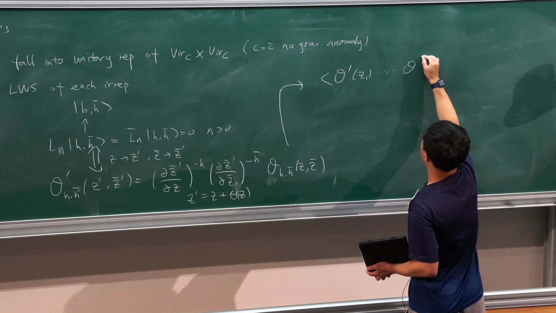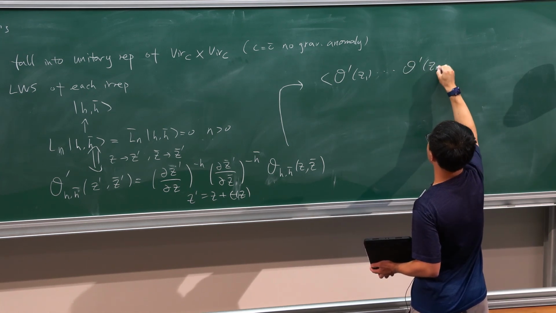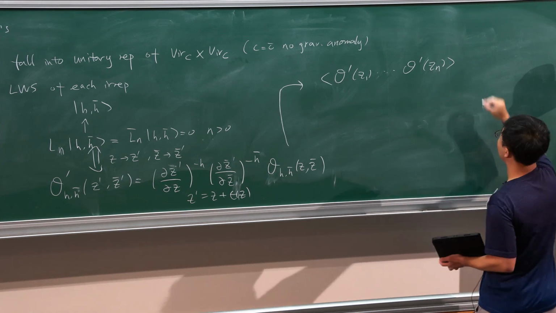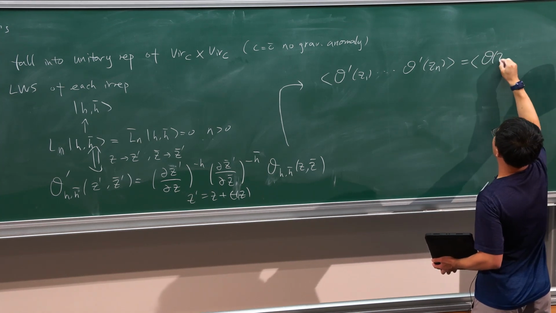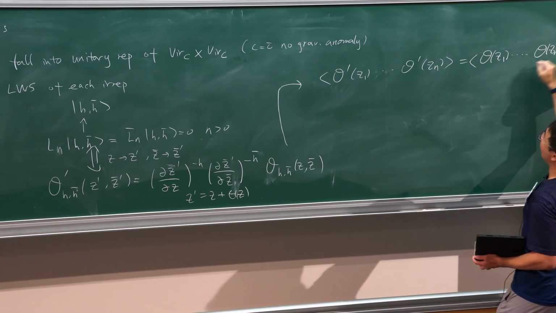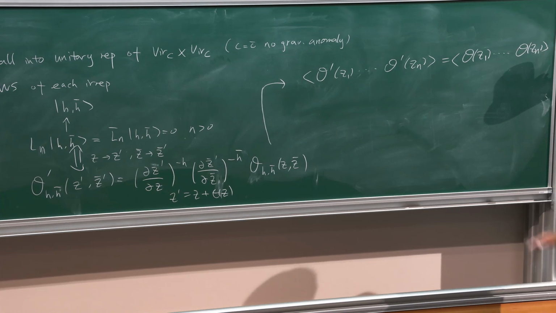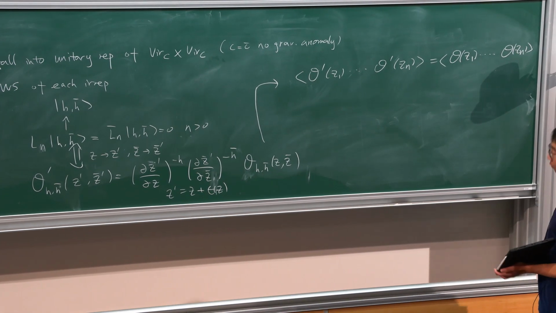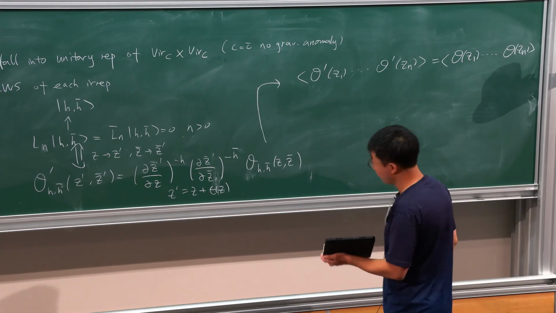It says that the correlation function of the transformed operators at the untransformed locations is equal to the correlation function of the operators before the transformation. Again, I do not mean these operators are purely holomorphic. I just simply drop the anti-holomorphic dependence for simplicity.